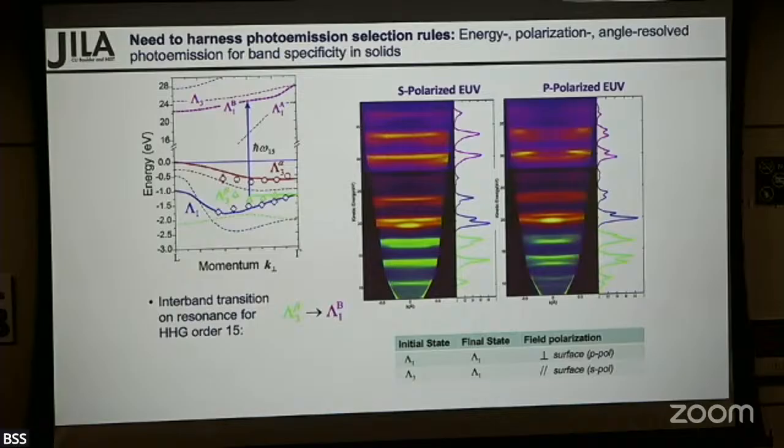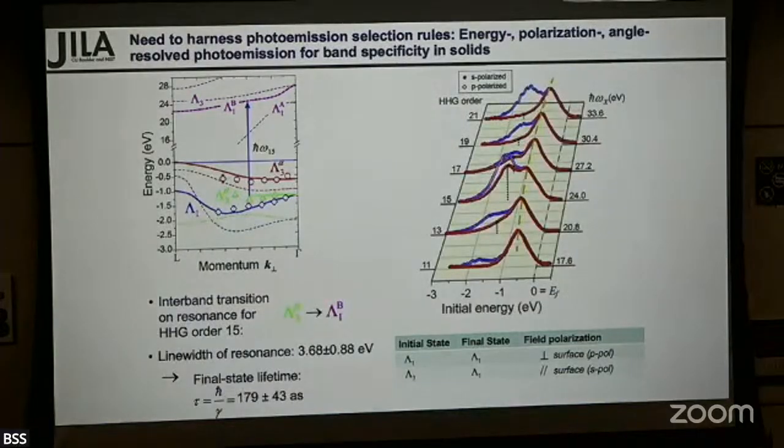So it also let us make sure we knew what we were looking at: we could see the final state with P polarization, shown in blue, but not with S polarization, shown in red. So we could photoemit into that excited state in the bulk, but there's no time resolution here. We're pretty much doing the same thing as Eberhard did with the DESY synchrotron.